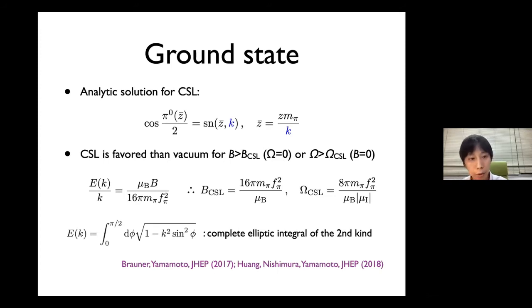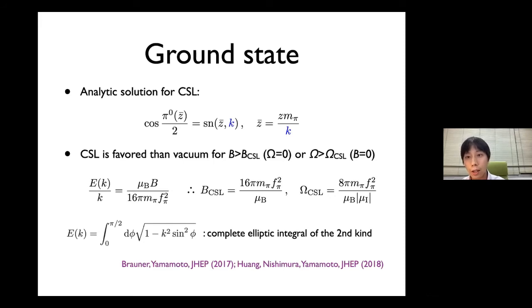One can mathematically show that the left-hand side, this combination, is bounded from below, and the minimum is unity. So this means that the chiral lattice is only realized when the magnetic field exceeds some critical value given by this expression. One can also show that when the magnetic field exceeds this value, then the chiral lattice has a lower energy compared with the QCD vacuum.